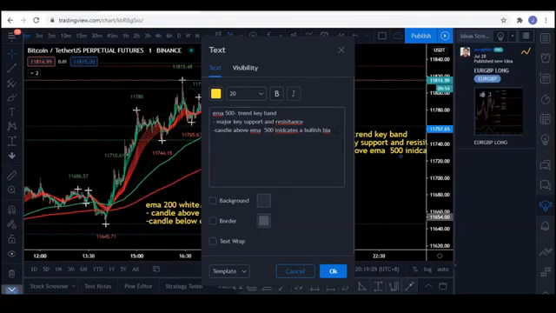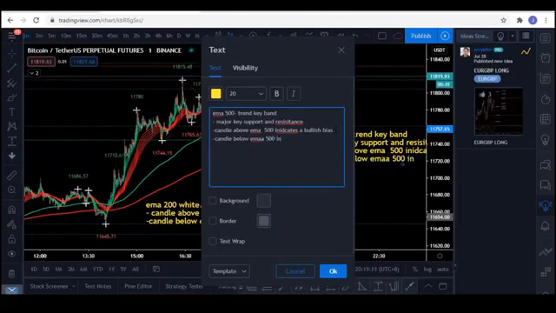And then a candle below the EMA 500 indicates a bearish bias.